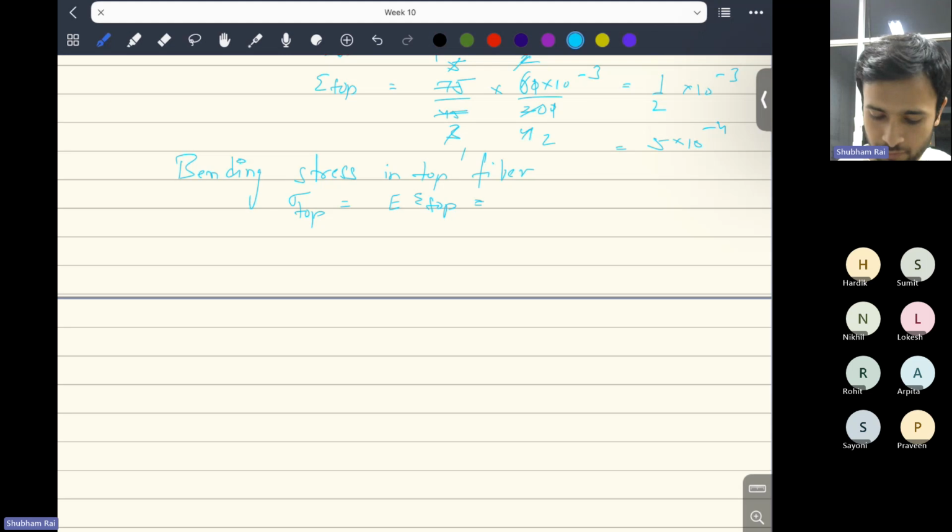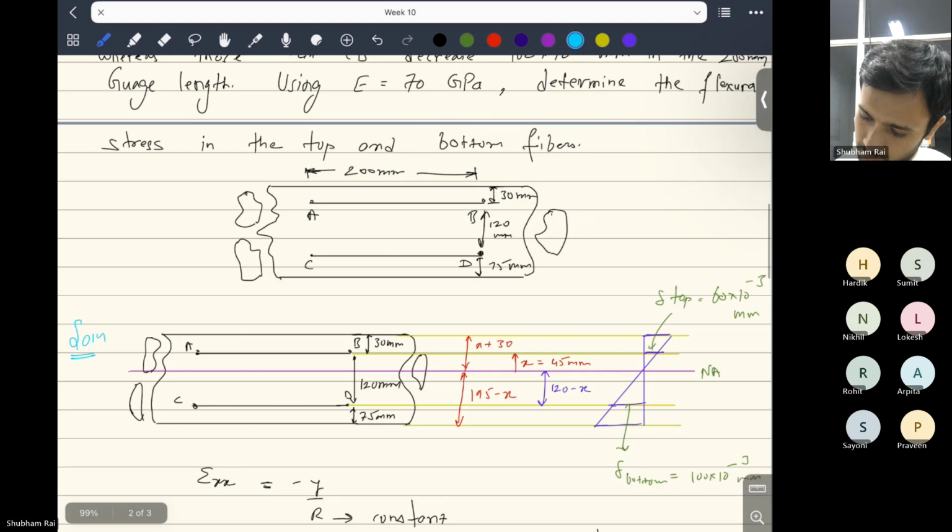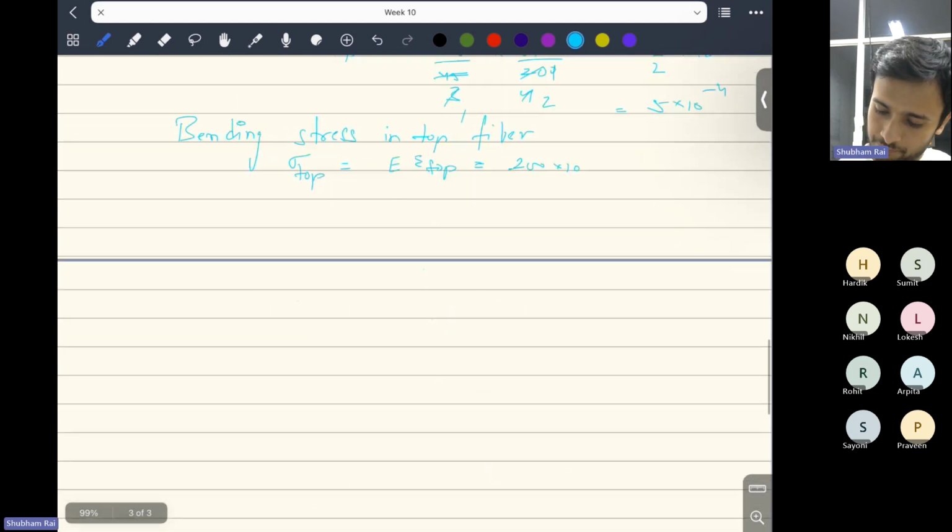E is how much? E is 70 GPa. So it is 70 into 10 to the power 9, in Newton per meter square.